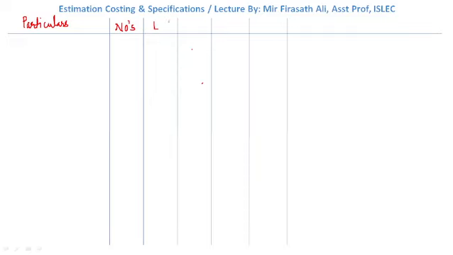Here we will write length, breadth, and height. This is quantity, and here we write remarks. Everything should be in meters, and quantity is in terms of meter cube.